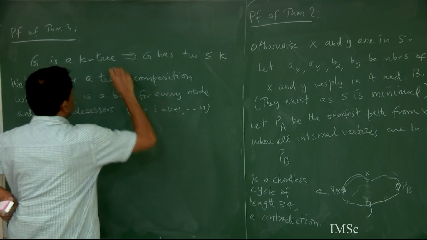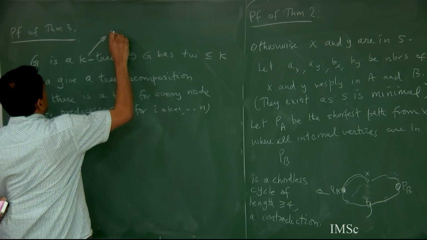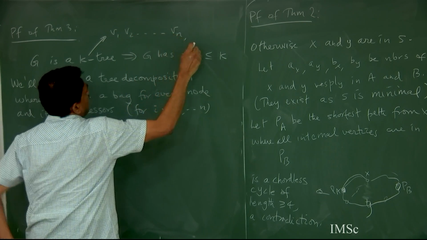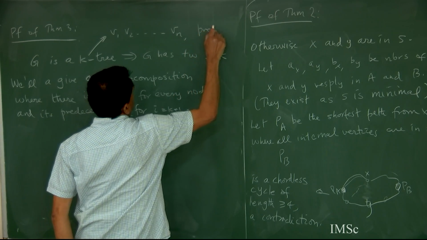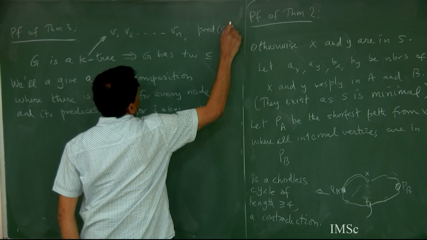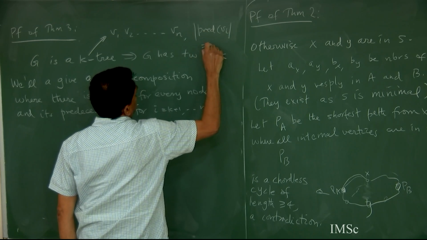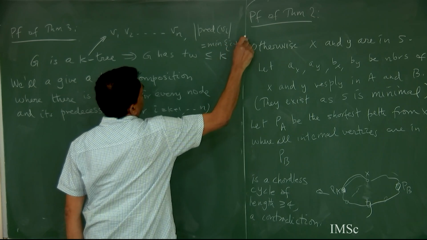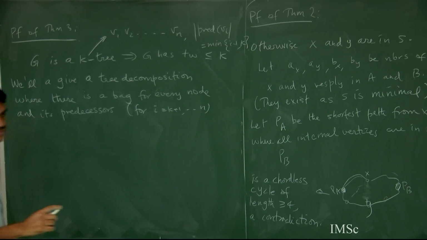So, remember this means that there is a simplicial ordering where my predecessors of Vi, right, this is the definition of a k-tree.